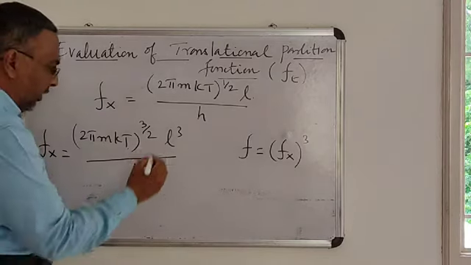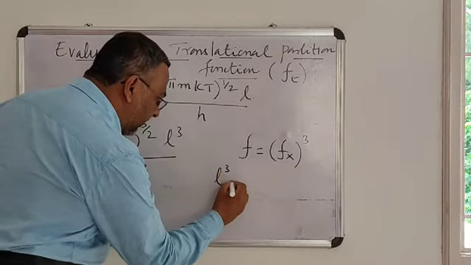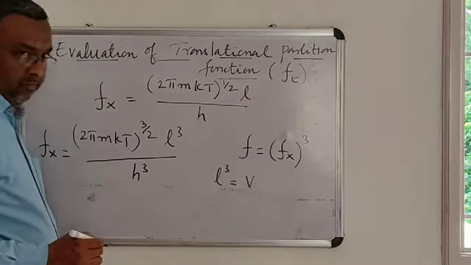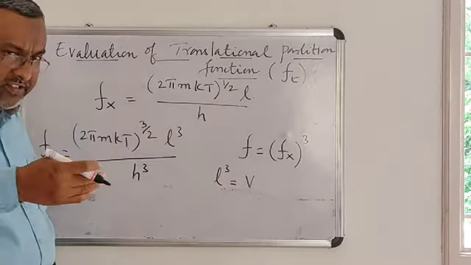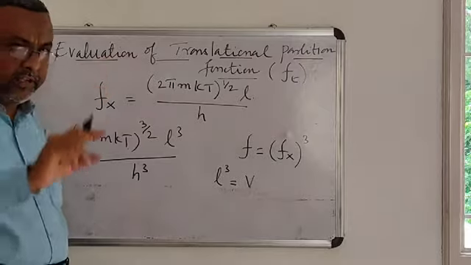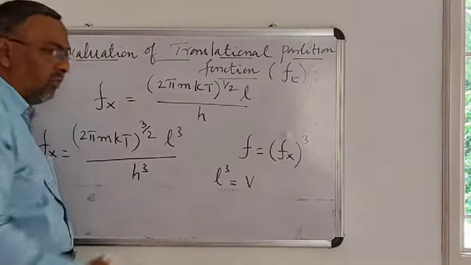Now what is this L cube? L cube is nothing but the total volume. Length of the one-dimensional box in the x-axis, y-axis and z-axis gives the total volume of a system.